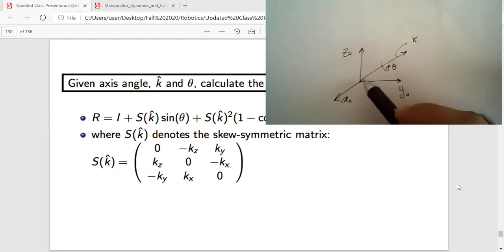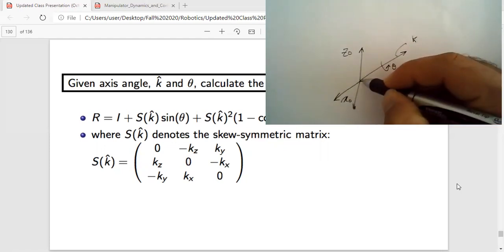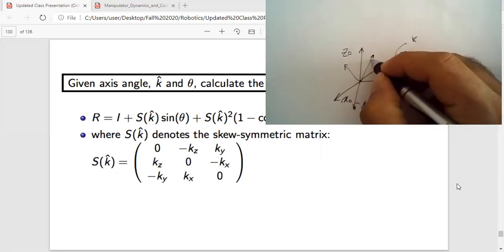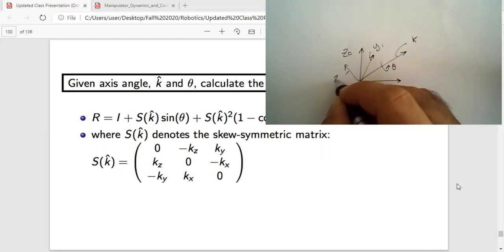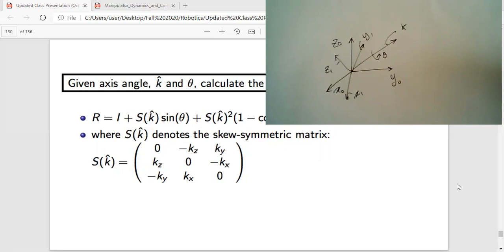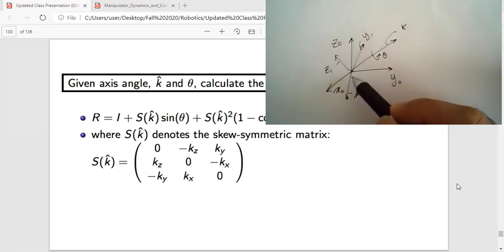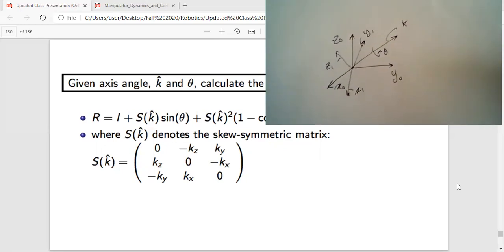I'm taking this whole thing and rotating it. So X0 is going to be here, Y0 is going to be there. This is going to be my X1, this may be my Y1, and this is going to be my Z1. Does that make sense? As a result of this K, I'm rotating my base frame into my new coordinates, which are X1, Y1, and Z1.